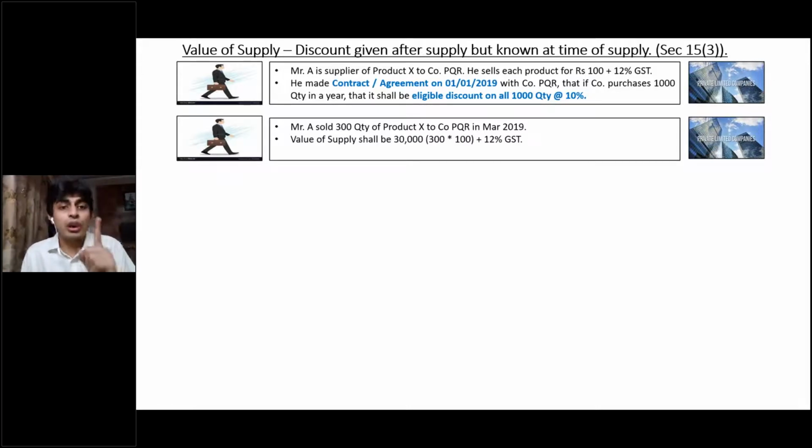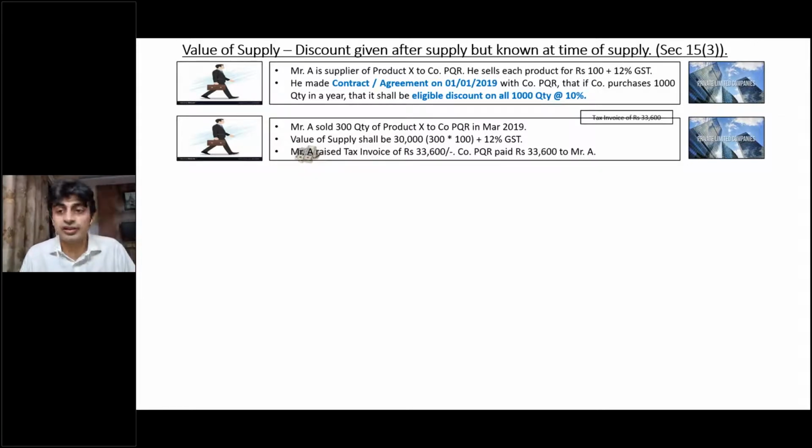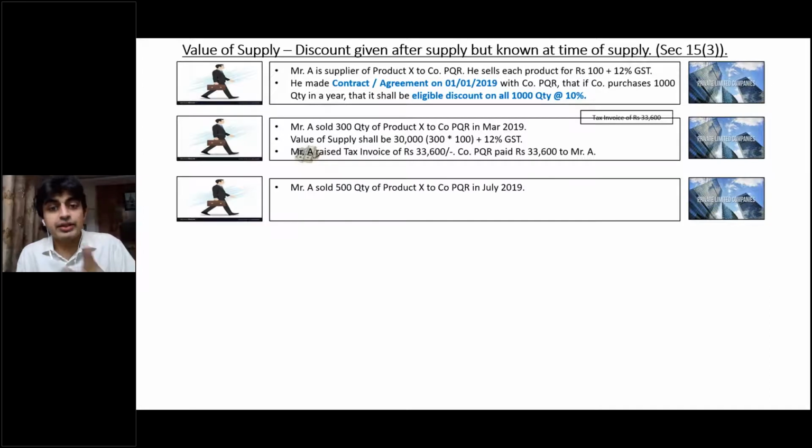No. So right now, I will sell on the gross value of 30,000, 300 into 100, and charge GST on 30,000 plus 12% GST, 33,600. So what amount will I make the tax invoice for? 33,600. And I will have to make the payment of how much? 33,600. Clear?